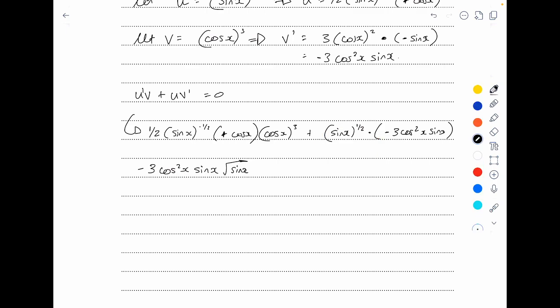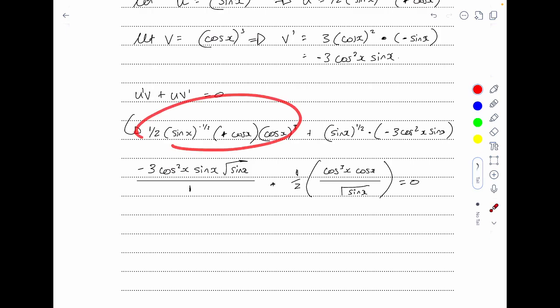Put that over 1. Add a half of cos 3x cos x over root sine x equals 0.